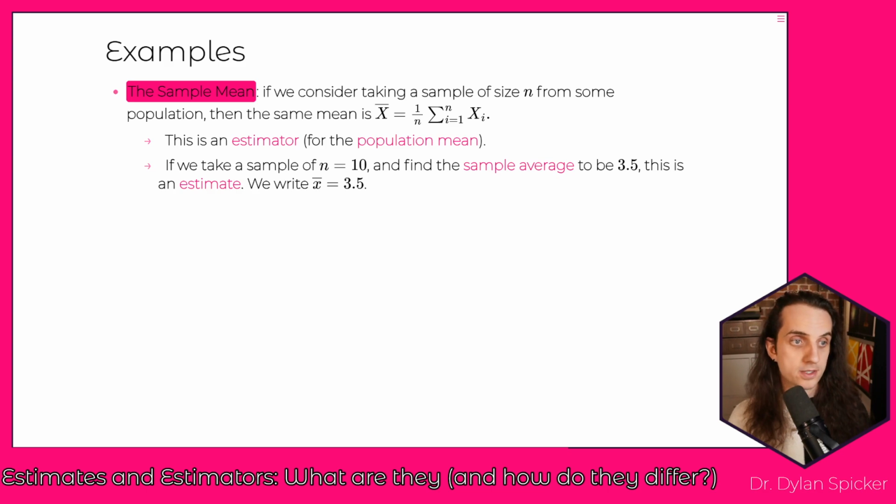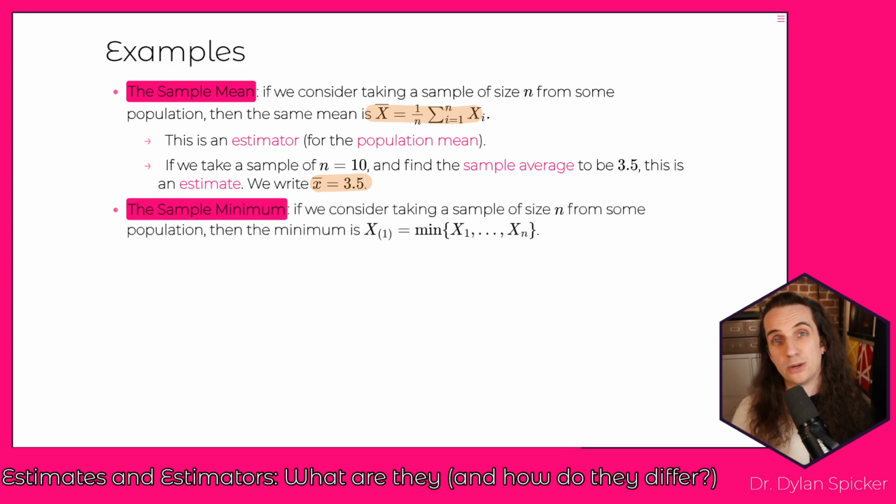So when we have our estimator, X bar, we write that with a capital X. When we actually observe specific numbers, we write this with a lowercase x. It's an important distinguishing factor between those two. Lowercase letters are specific numbers. Uppercase are random variables.